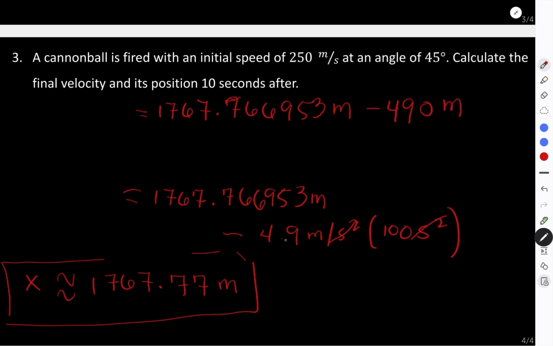Why? We move to the right twice, because we have two zeros. So 1767.766953 minus 490. That is our y.